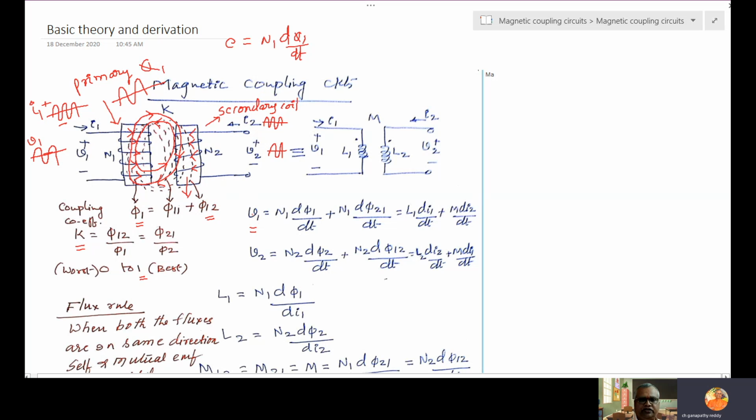If you see the equation here, V1 is equal to N1 d phi1 by dt, which is the self-induced EMF, and the other one is the mutually induced EMF.